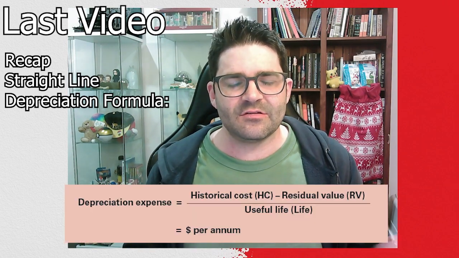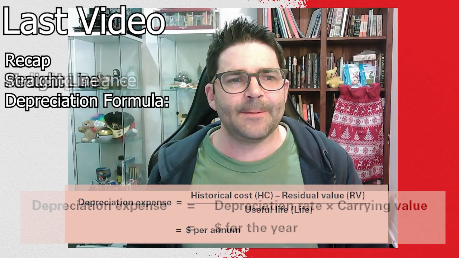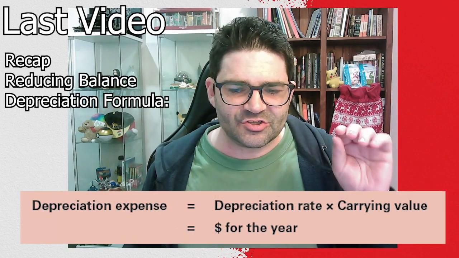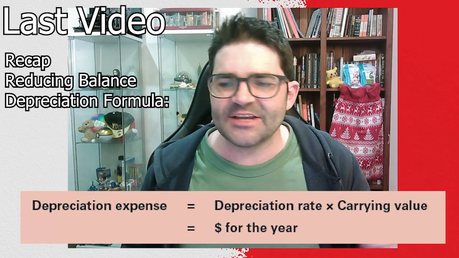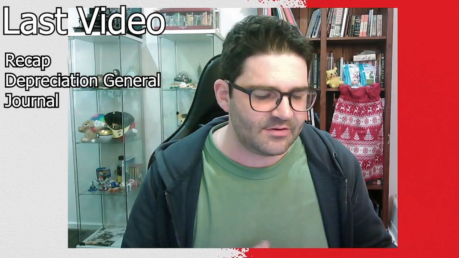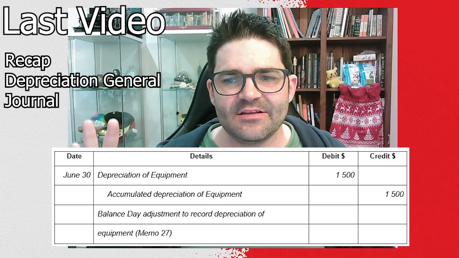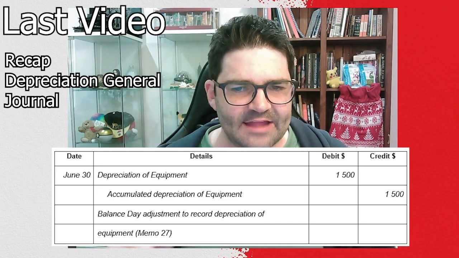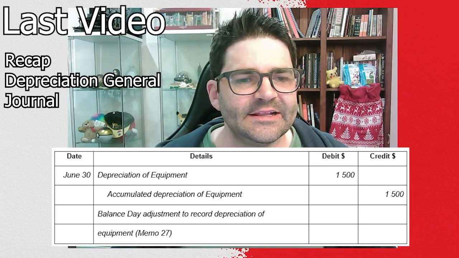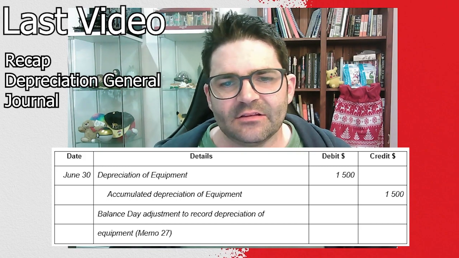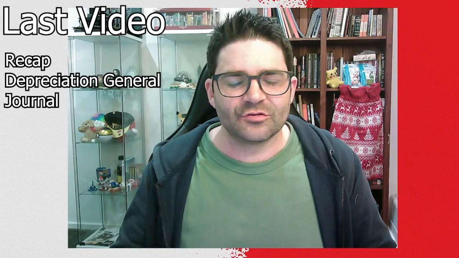The reducing balance method is also on the screen now. We then go to the general journal, and the depreciation, always an expense, is a debit, while accumulated depreciation is a negative asset on the credit side. That's important for later.